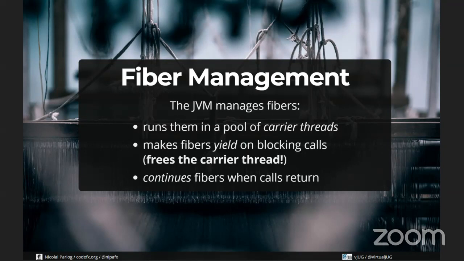And then somebody else comes in and takes the carrier thread away from the fiber, puts it back into the pool so it can do something else. And once the operating system comes back and says, look, what it waited for happened, then the task is put together with its fiber into the thread pool, and will continue later.